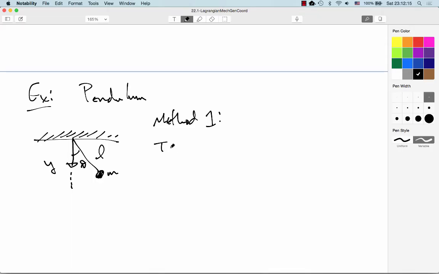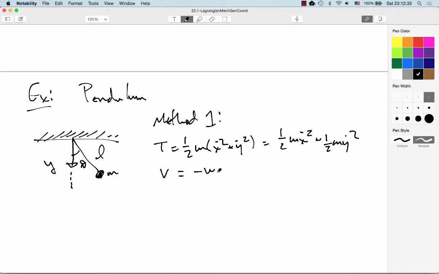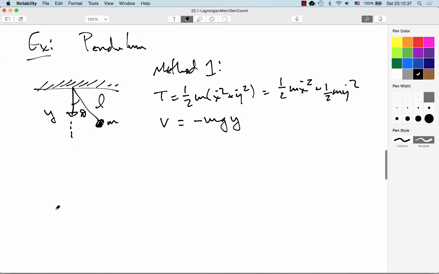So we'd be writing that the kinetic energy is 1/2 m (x dot squared plus y dot squared), or 1/2 m x dot squared plus 1/2 m y dot squared. And the potential energy is minus mgy, because I chose down to be positive. Here we start doing some trig: x is equal to L sine theta, and y is equal to L cos theta.